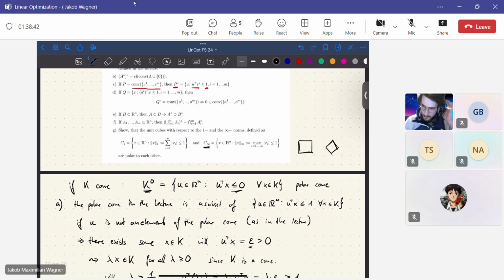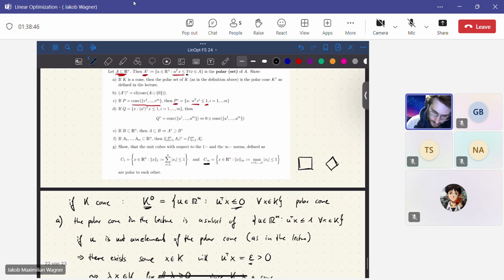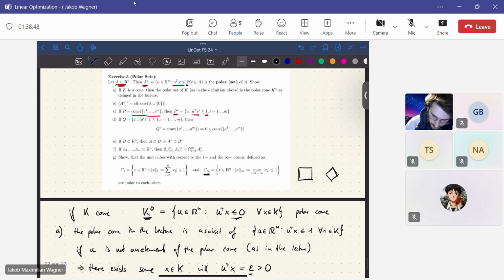And so let's see now that if we have special sets, we can actually explicitly write down the polar, and this goes vice versa. And for this, we first need to derive a formula. What's the polar of the polar?